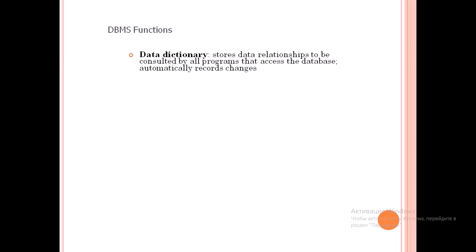Database systems functions. The first, the data dictionary stores data relationships to be consulted by all programs that access the database. It automatically records changes. Structural and data dependence are eliminated.